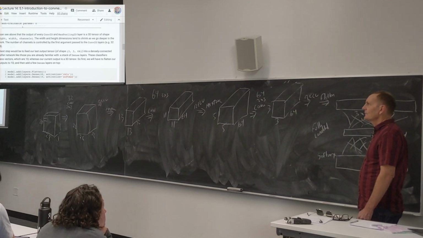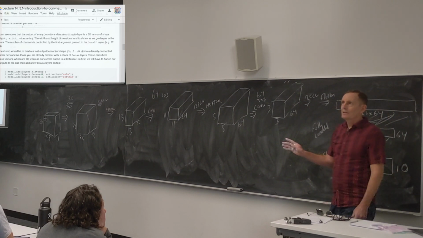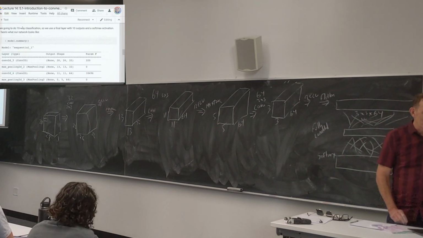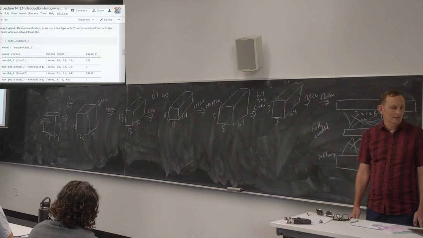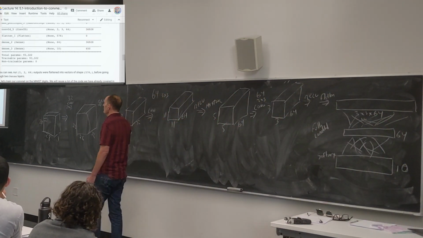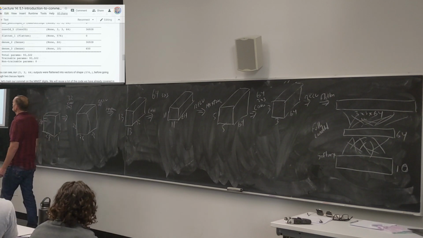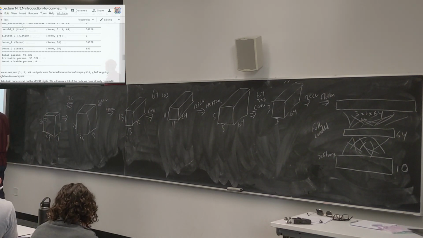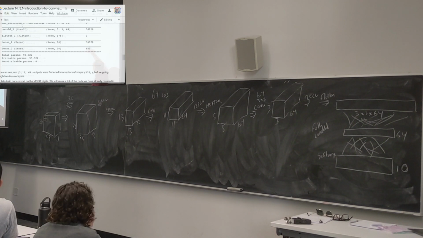Okay. I'm going to look at an alternative for how we could do that in a moment, but let's just look at what's going on. So we've got our model, and when we flatten, flattening doesn't have anything to learn, so there are no parameters there. When we go to our fully connected layer, why 36928?